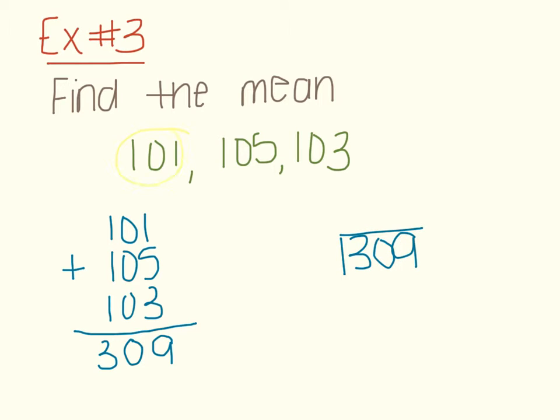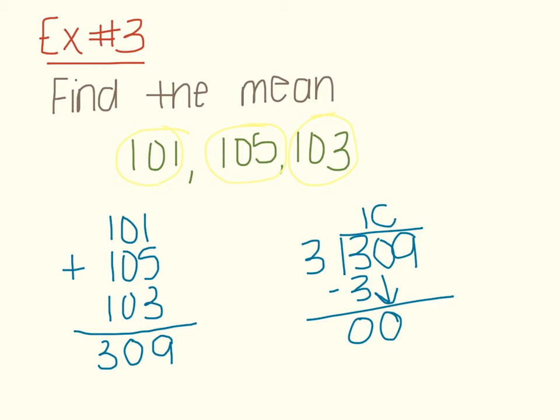This time we only have 1, 2, 3 numbers, so we only divide by 3 this time. And we get an answer of 103.